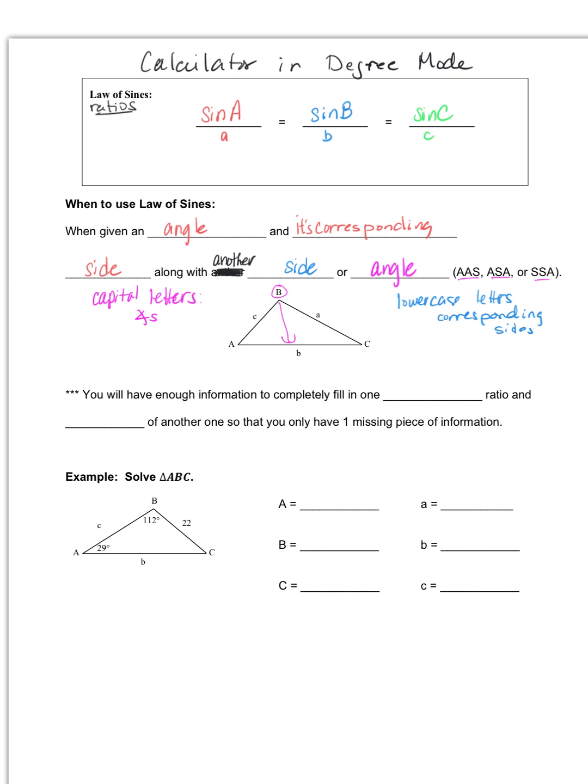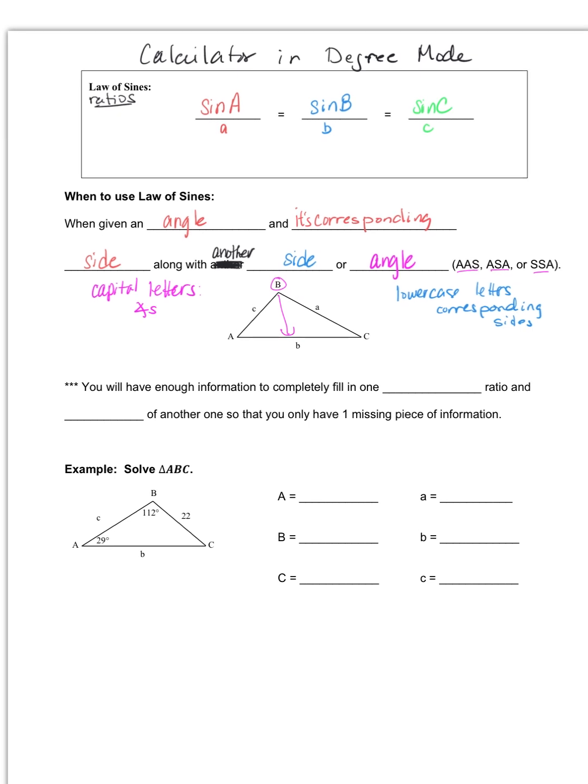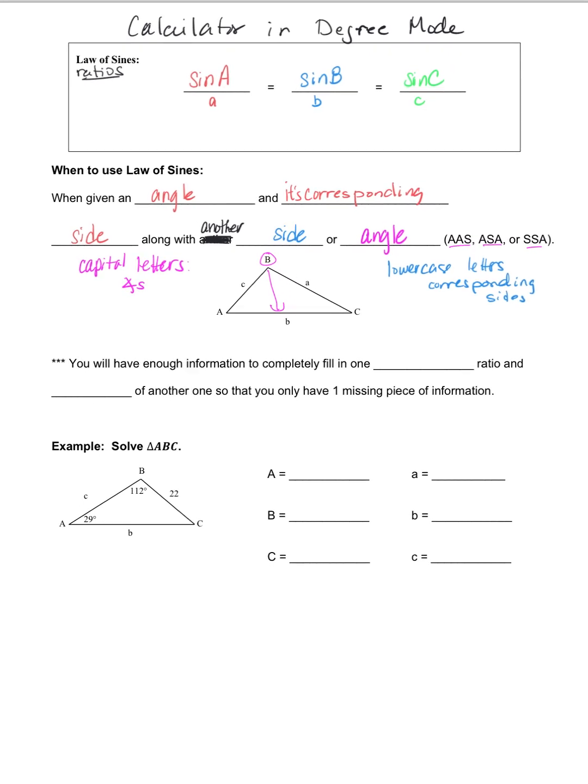Now, when you get your information, you should have enough information to completely fill in one complete ratio and part of another, so that you have only one missing piece of information.